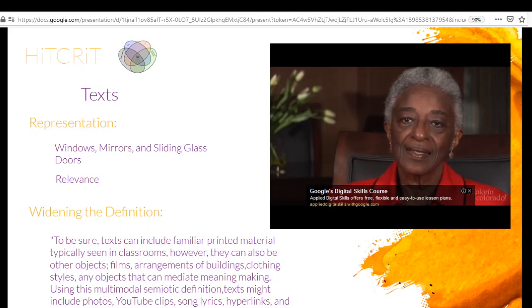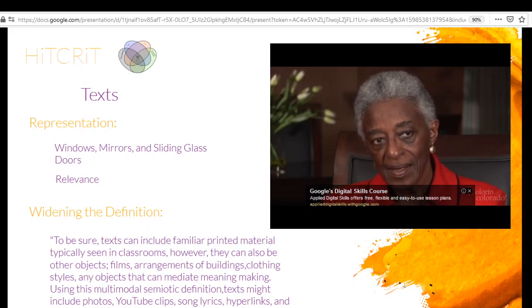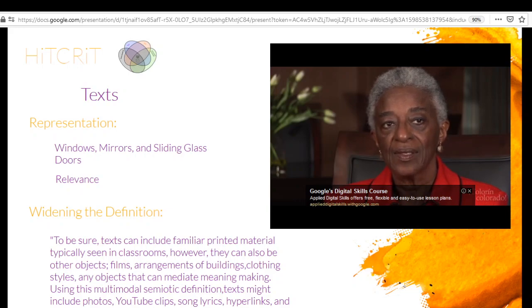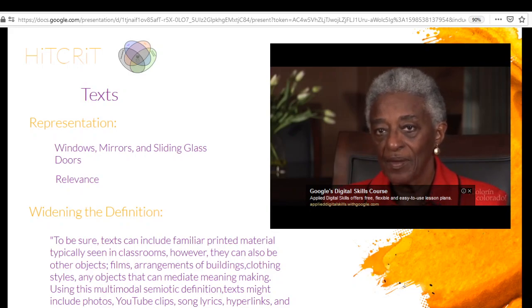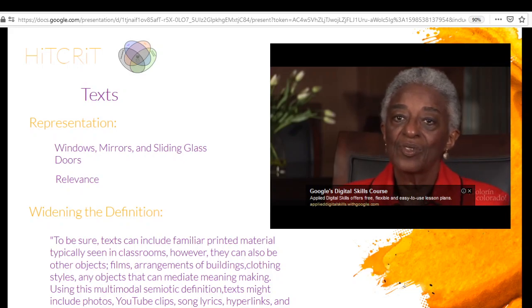And I think that's really why children need to see themselves reflected, but books can also be windows, and so you can look through and see other worlds and see how they match up or don't match up to your own. But the sliding glass door allows you to enter that world as well.